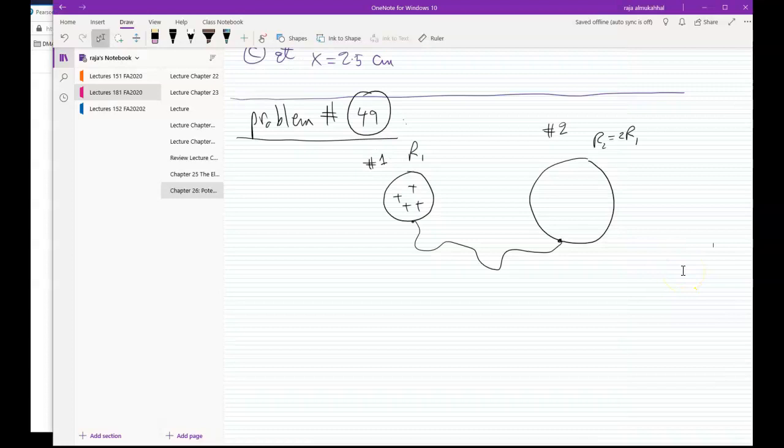Is it going to be half? You think half the charge is going to go here and the other half will go there? What will happen is the charges are going to start flowing from R1 to R2, correct? Well, when are they going to stop? When they are half? There has to be a point of equilibrium. What is that point of equilibrium?